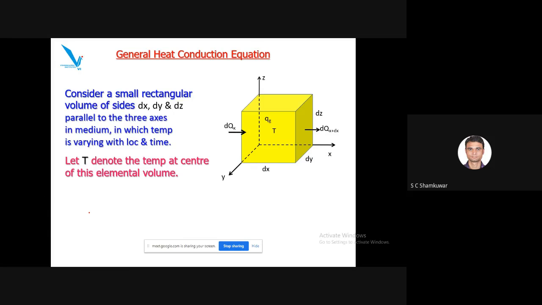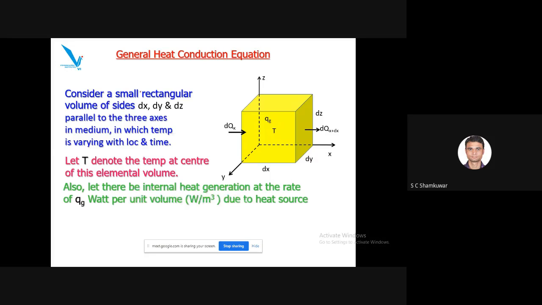Now here we have T. What is QG here? QG is the internal heat generation, meaning there is some heat generated by the rectangle itself, inside the rectangle.